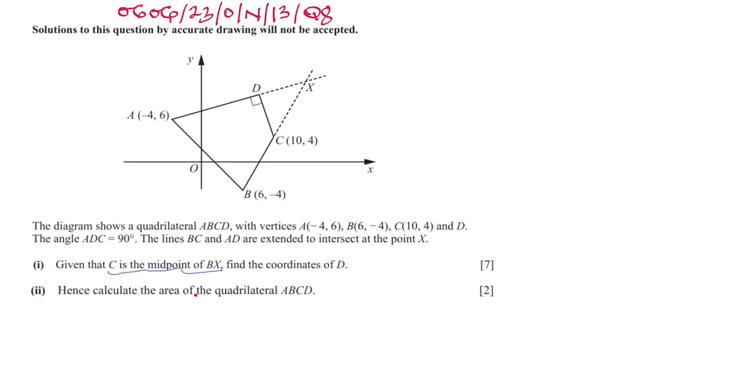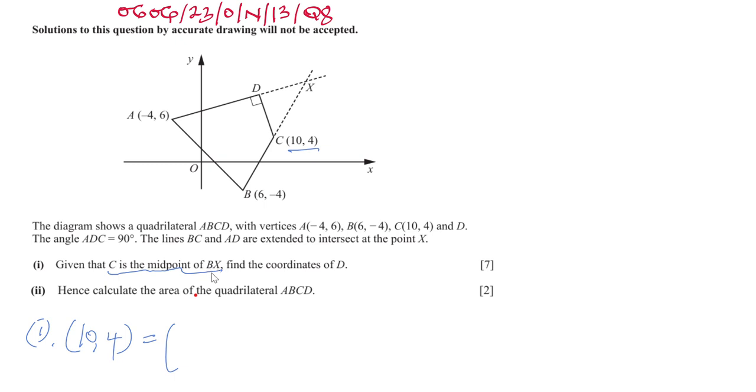Let's make use of the information I've underlined. C is the midpoint of BS. We know that the midpoint is 10, 4. The midpoint is equal to the sum of the x coordinates of the endpoints of the line segment being mentioned, divided by 2.